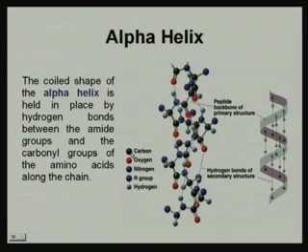Now here, black is the carbon, red is the oxygen, nitrogen is the violet, R group is also the dark violet, and pale blue is the hydrogen.